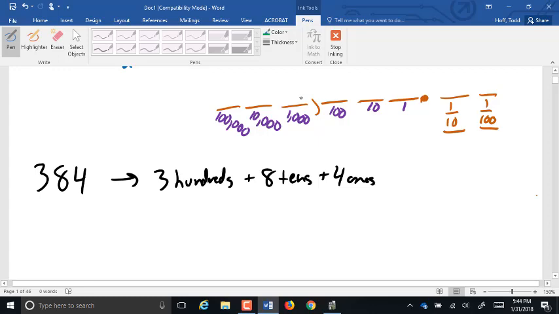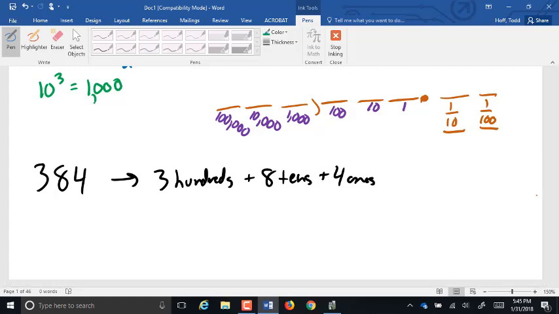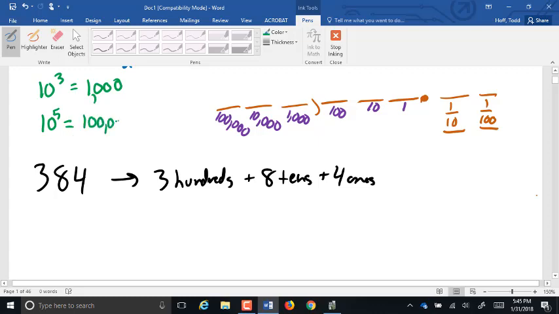If we look at powers, like 10 to the power of 3, what does that equal? 1,000, right? 10 times 10 times 10. 10 to the power of 5. 100,000.